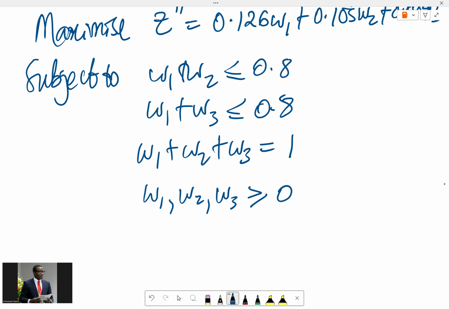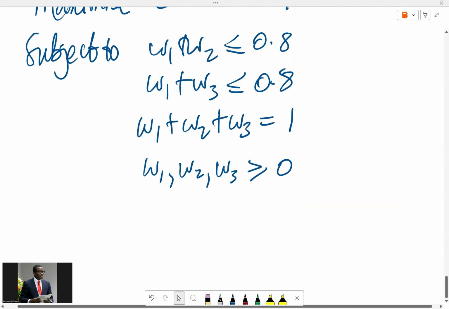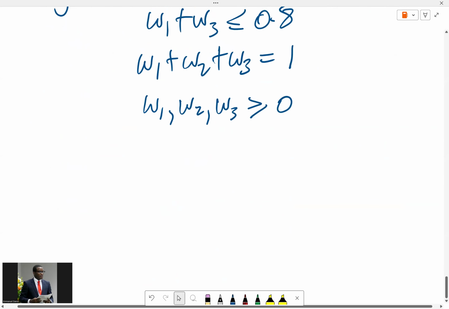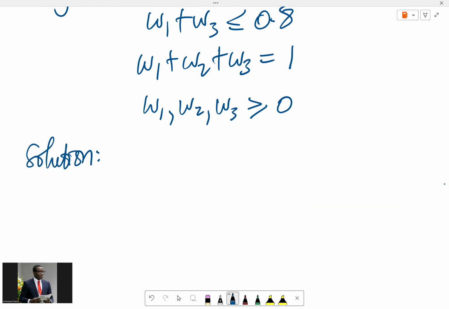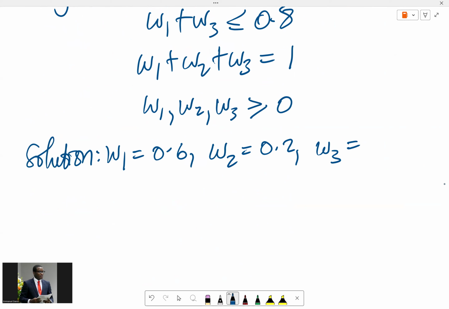So that's the new problem. But then we also have a new solution. If you do the whole simplex thing, you have W1 equals 0.6, W2 equals 0.2, W3 equals 0.2, but then Z prime prime is now 0.1134.